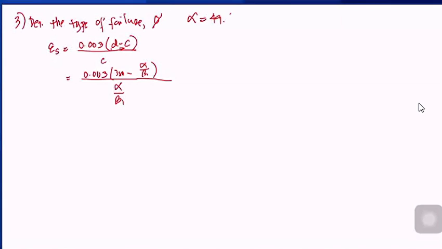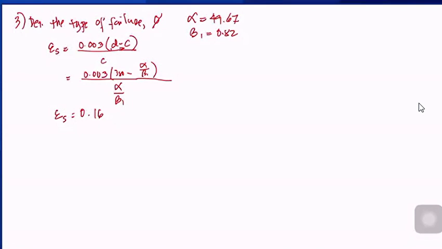So what is epsilon s? 0.016 po. 0.016, ganyan.